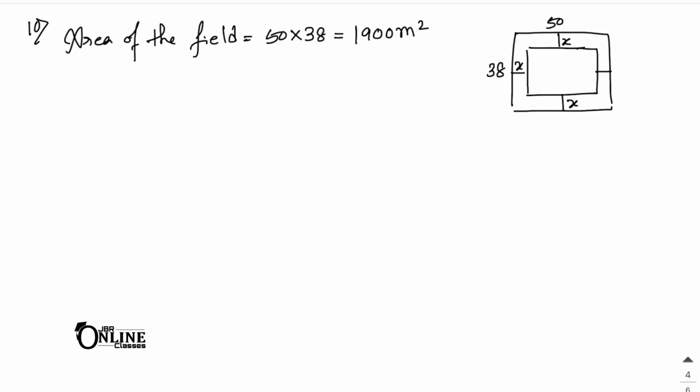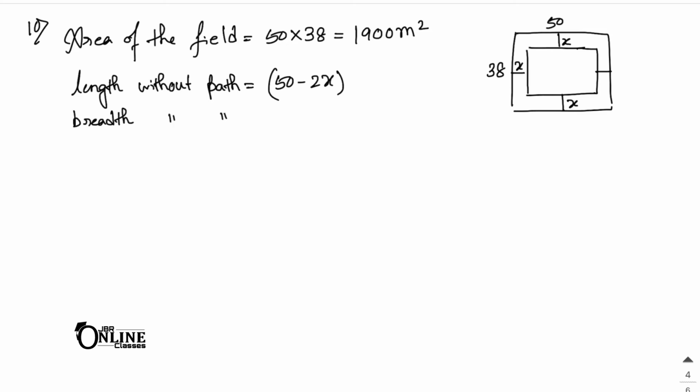Okay. So that means here the length without path will be 50 minus 2x, because x on both sides, and breadth without path equals 38 minus 2x.